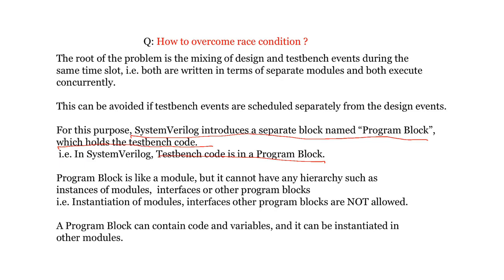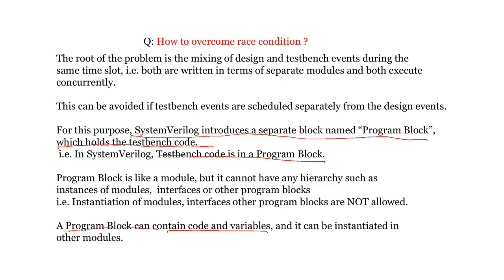What are the characteristics of a program block? A program block can contain code and variables, but it cannot instantiate other modules. Simply, a program block can have variables, input and output variables, and some code. That means initial blocks and always blocks, within which you can write some code.